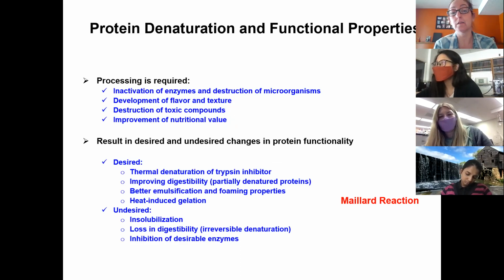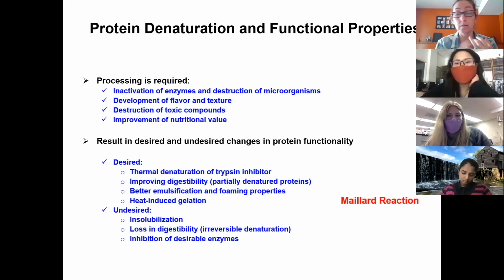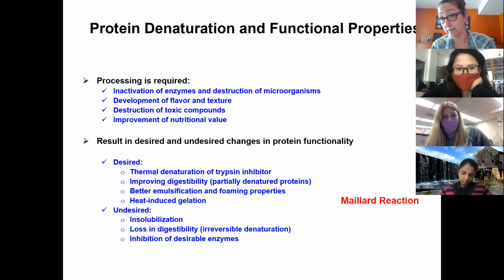So here's this slide. I don't know if you have that in your notes, but desired: getting rid of enzyme inhibitors such as trypsin inhibitor, improved digestibility if the protein is partially denatured, not polymerized, and not a large polymer, because that actually causes loss in digestibility.